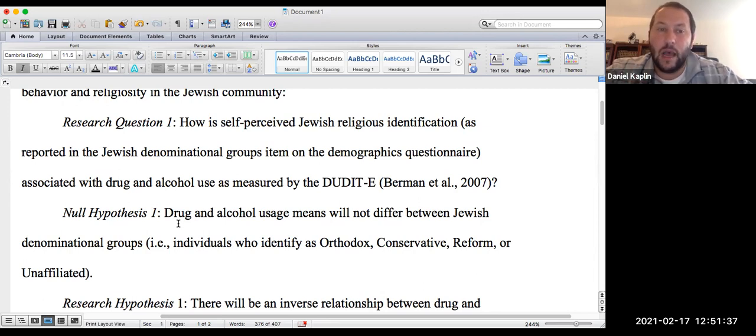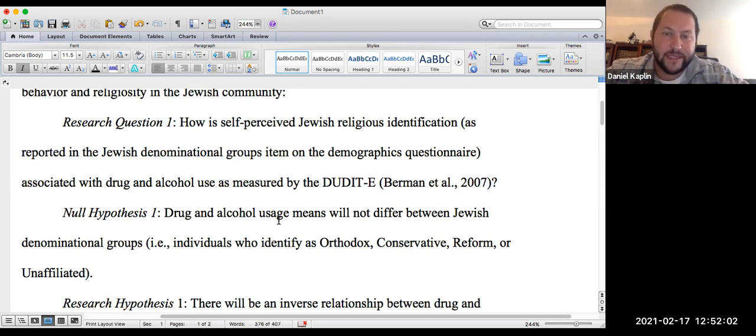Now, you could write that differently and say there will be no statistically significant differences in drug and alcohol usage means across the groups. That's another way to write it. But my dissertation chair wanted me to be as specific as possible. So you'll see that I'm putting a little extra into this.